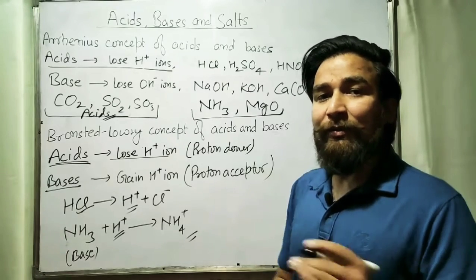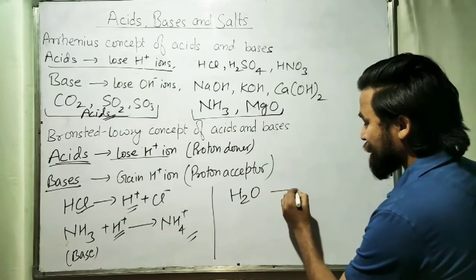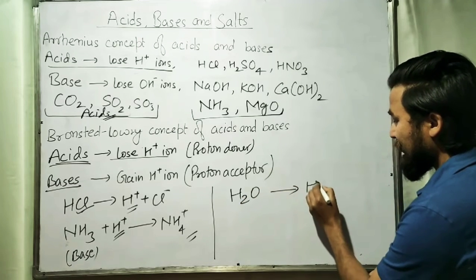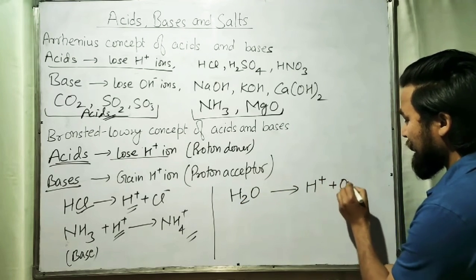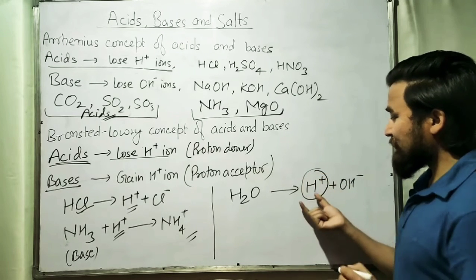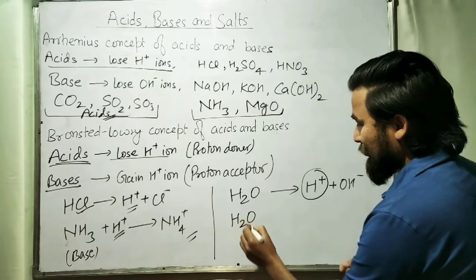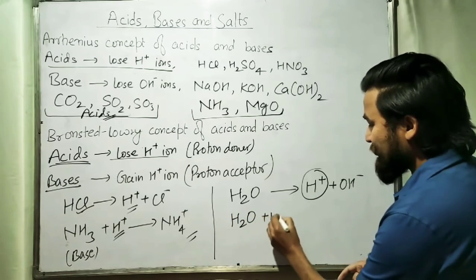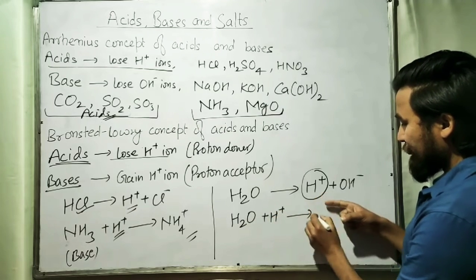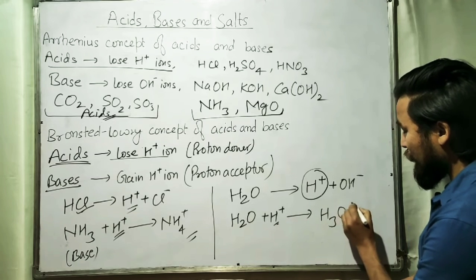Now you can see some compounds like water. On dissociation, water will give H plus and OH minus ions. So water has the tendency to lose the H plus ion, but again water also gains the H plus ion, that is the proton, to form the H3O plus ion.